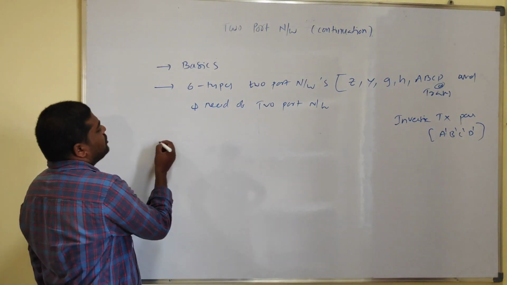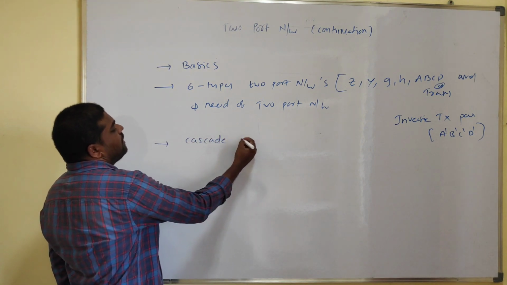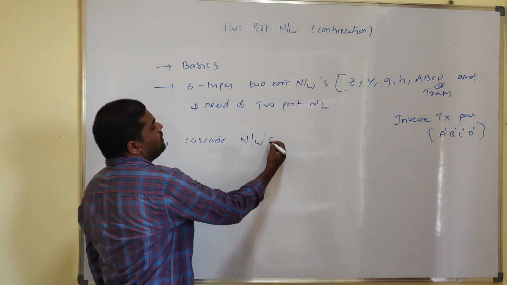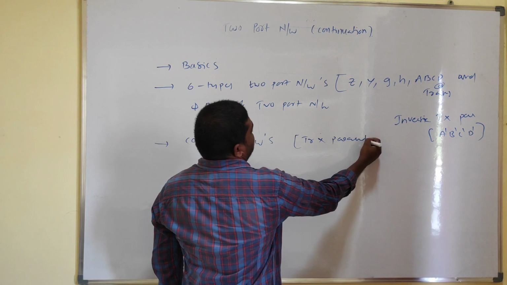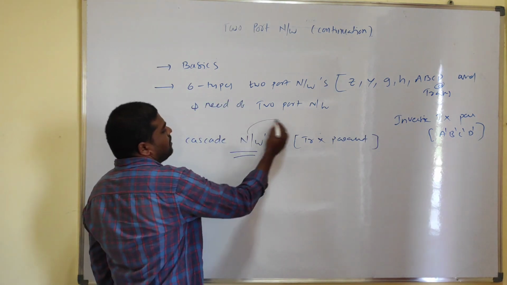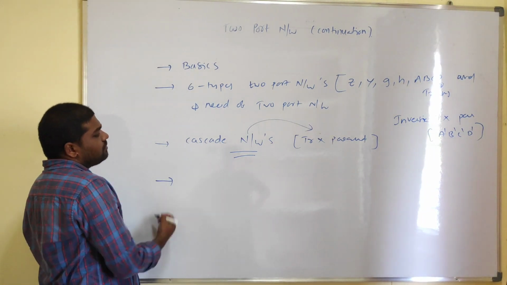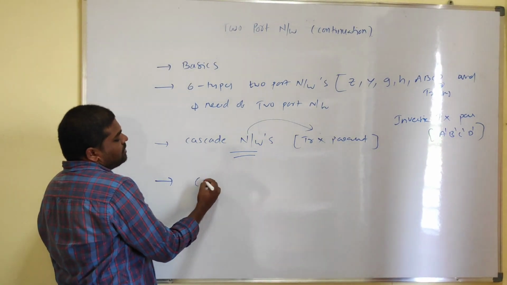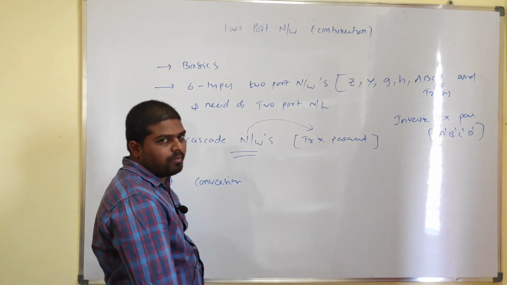And the next topic, cascade configuration, cascade networks. This cascaded networks is applicable for transmission parameters. And next, conversions. That means one two-port parameter to another two-port parameter conversion.